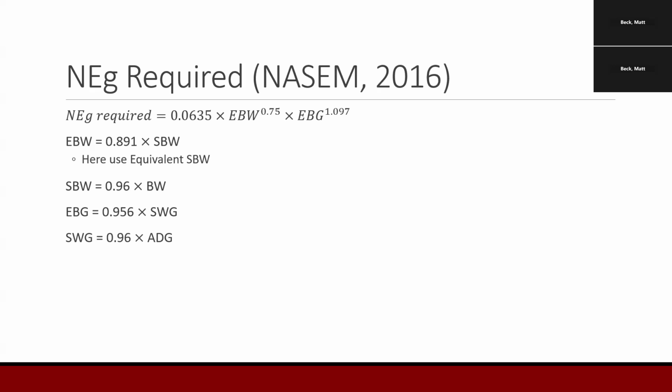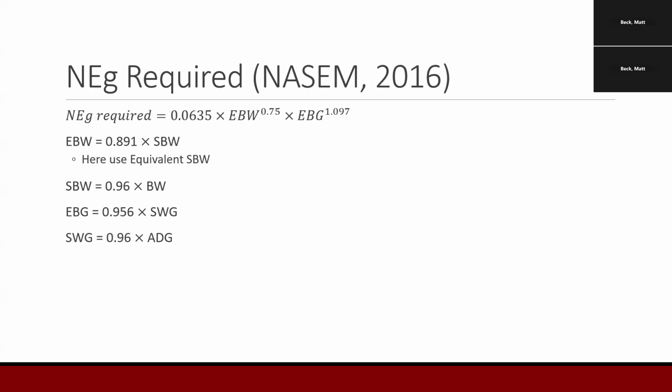Okay. Empty body weight is, if we took all the digesta out of that animal's tract, how much would that animal weigh? So we're assuming that a shrunk animal will have 89% of its measured shrunk body weight still there.